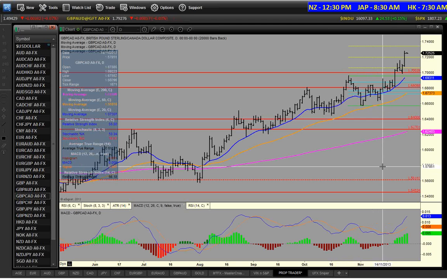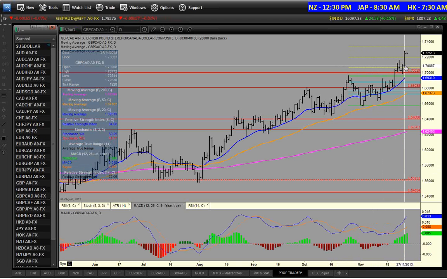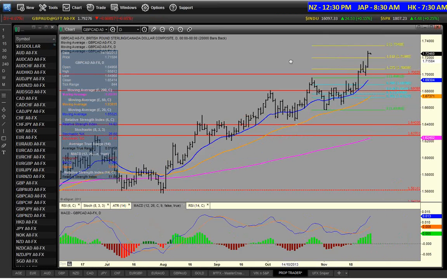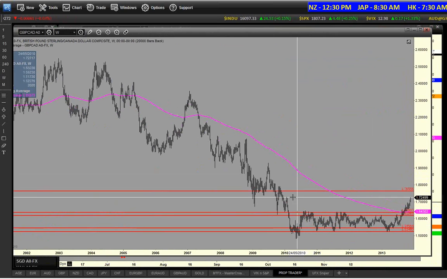And another one that's run another 100 odd pips after getting out, or 250 pips. You beauty. Again, another one that's in the zone. There is a previous high back in 2010 sitting right here. I'll show you that high there, which is, let's call it 72.